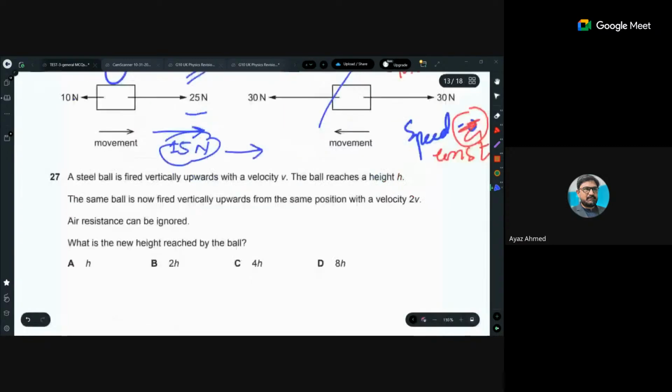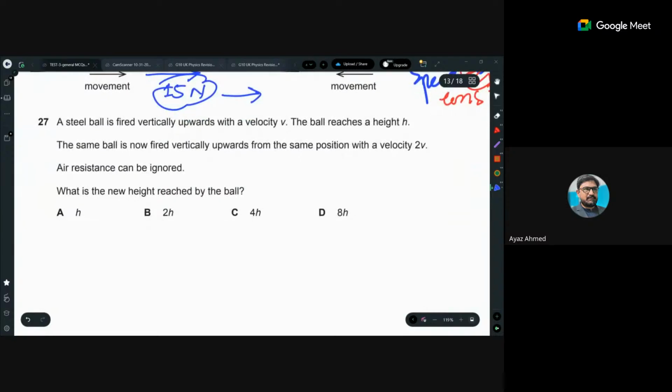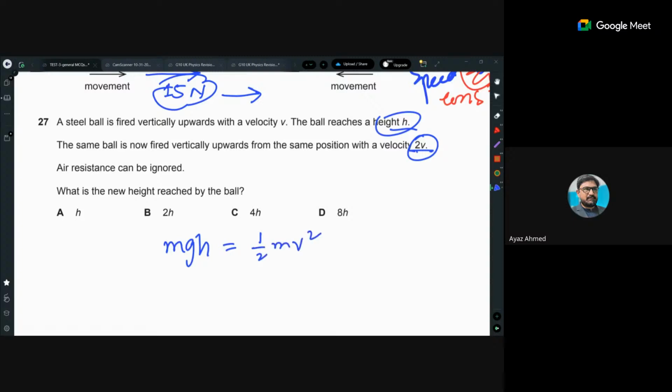Okay, the next one. A steel ball is fired vertically upwards with velocity v and the ball reaches the highest point h. The same ball is now fired vertically upwards from the same position with velocity 2v, air resistance being ignored. What will be the new height? Do you know which energy is lost? Kinetic energy. And which energy is gained? Potential energy. So you can say mgh equals 1/2 mv squared. So m and m will be gone, right?